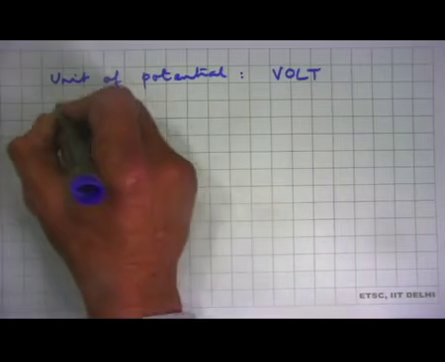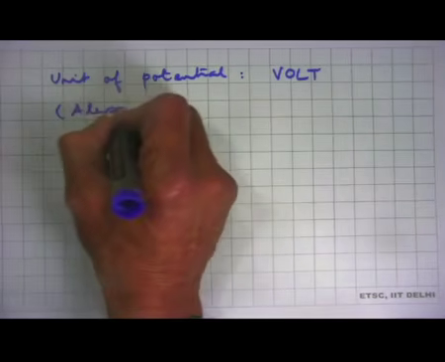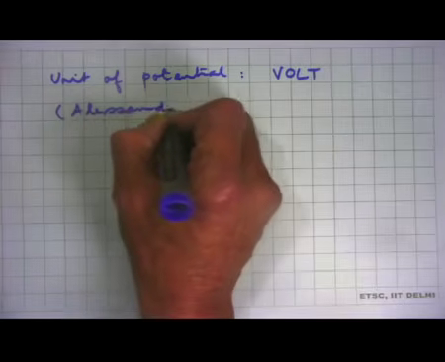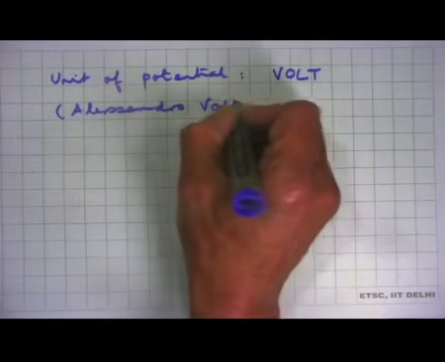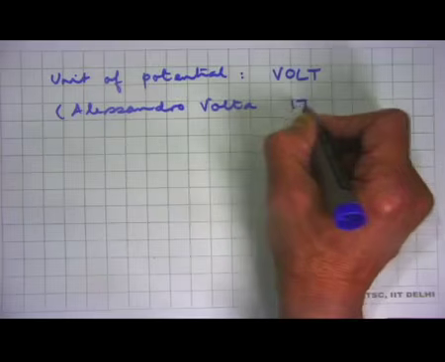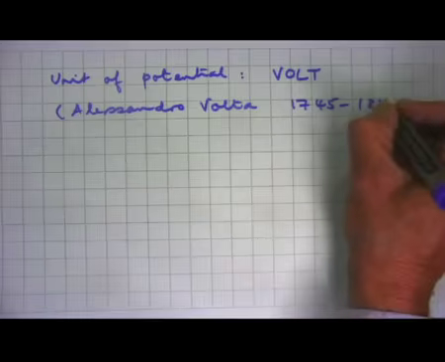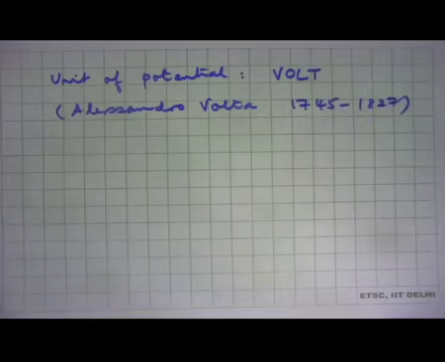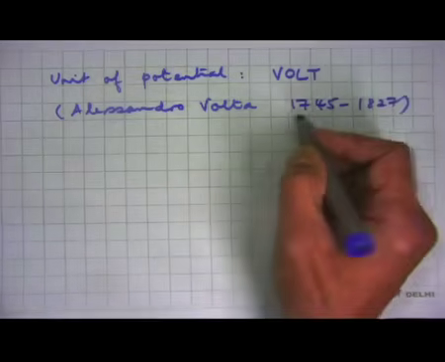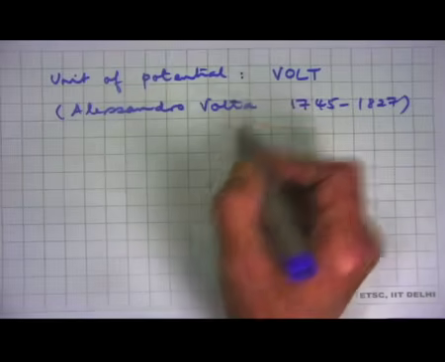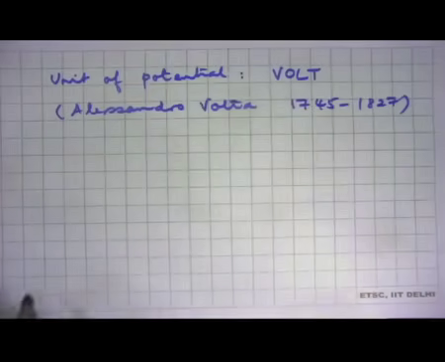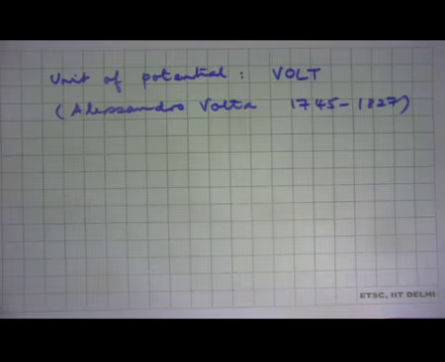This is after an Italian scientist, Alessandro Volta, who worked during the years 1745 to 1827. He was a great scientist who did a lot of work in electrostatics, and the unit of potential is named after him.